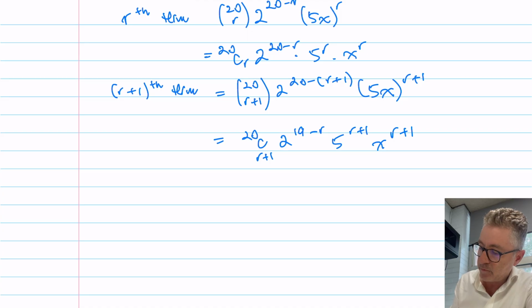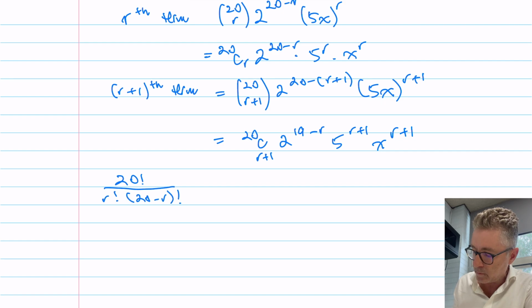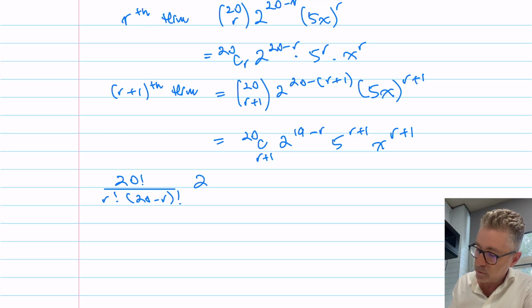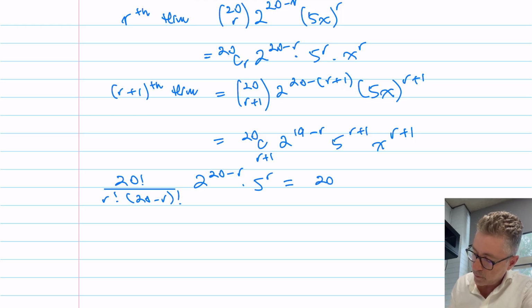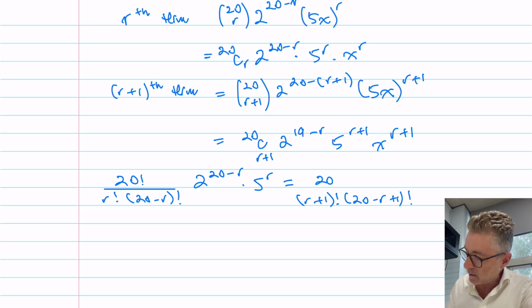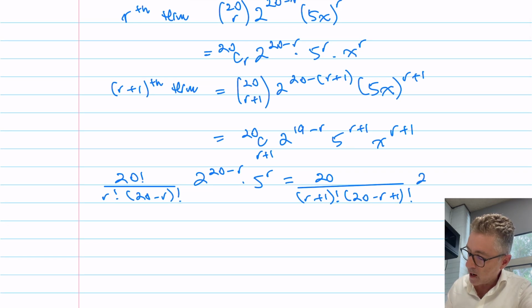So the first expression is 20 factorial over r factorial times (20-r) factorial, times 2^(20-r) times 5^r, which is going to equal 20 factorial over (r+1) factorial times (20-(r+1)) factorial, times 2^(19-r) times 5^(r+1).